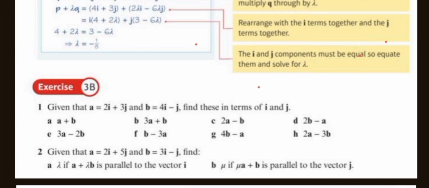And find mu if mu a plus b is parallel to the vector j. So let's do number B.